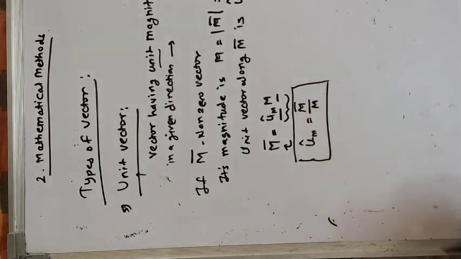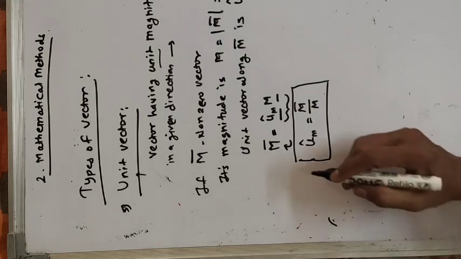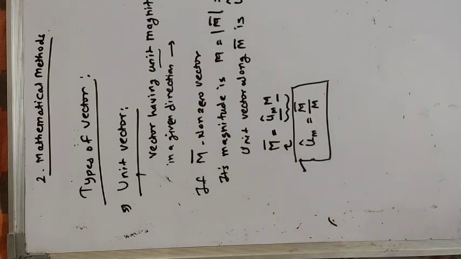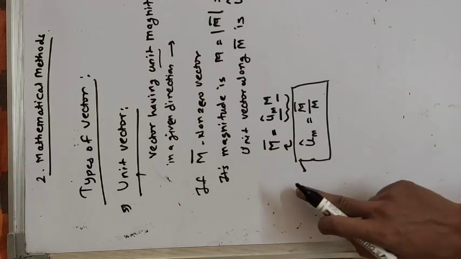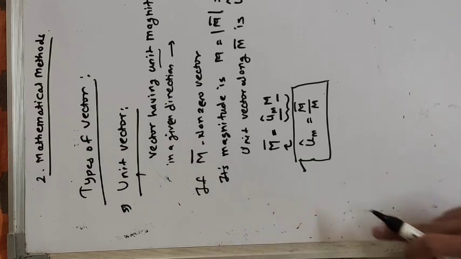This means the unit vector is equal to the vector divided by its magnitude, and it always has the direction of the given vector. This is the explanation for a single vector.